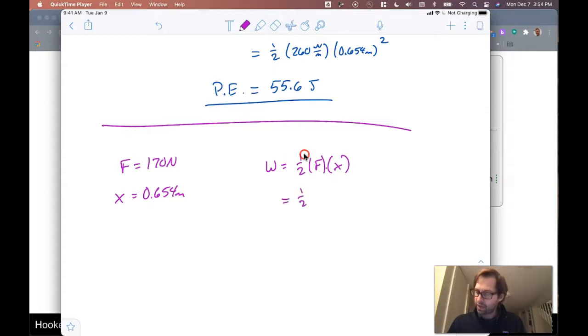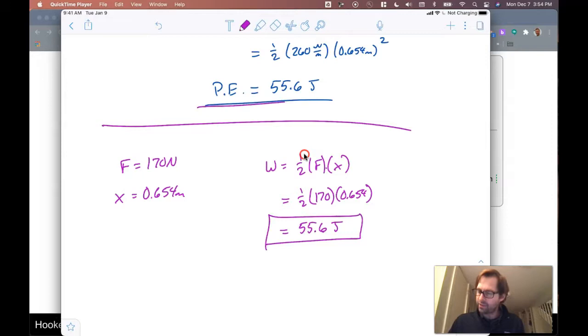In this case, 1/2 times 170 times 0.654, and let's see what that is. So 0.5 times 170 times 0.654 gets me 55.6 joules. Awesome. Those two should be the same because we're really calculating the same thing from a slightly different angle.